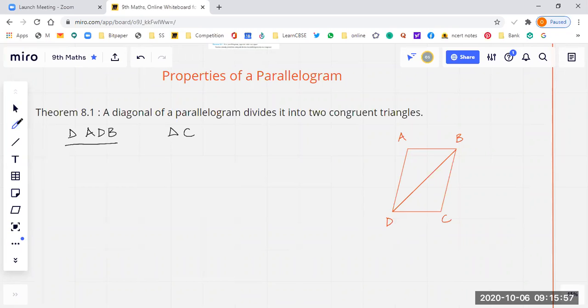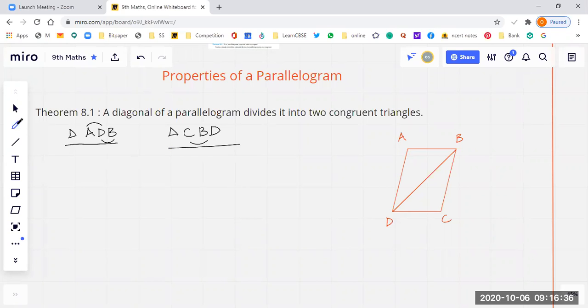I will take CBD. Because AD is longer, CB is also longer. DB is the diagonal. So this is the right way to write the two triangles which we are going to prove are congruent.